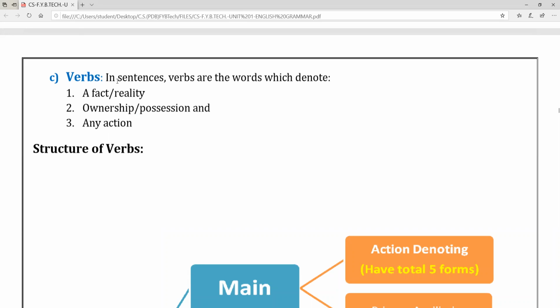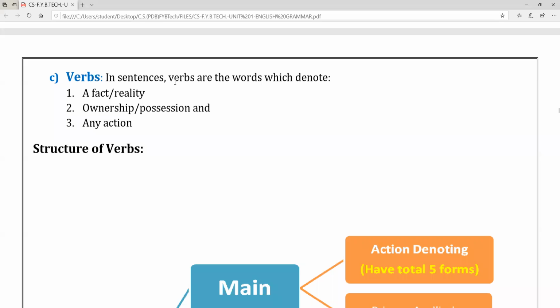And we are going to see its thorough definition. That is, in sentences, verbs are the words which denote a fact or reality. So how to denote fact or reality? Let's see the example.